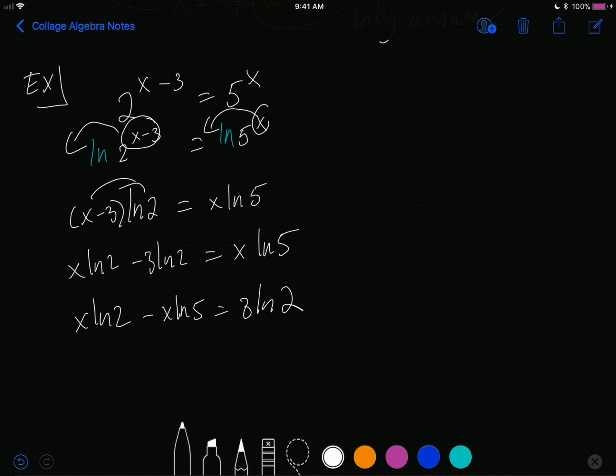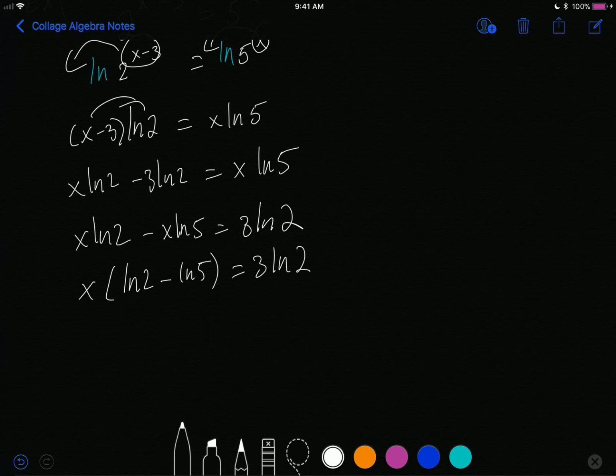And now I factor out x. So I have x open parentheses ln 2 minus ln 5 close parentheses is equal to 3 ln 2, and one step remains to finish this problem off, and that is you divide by ln 2 minus ln 5.